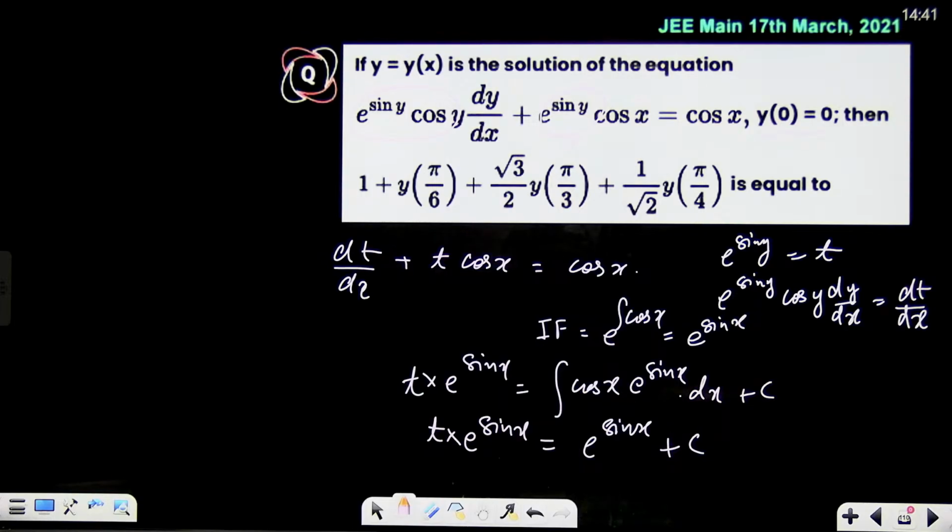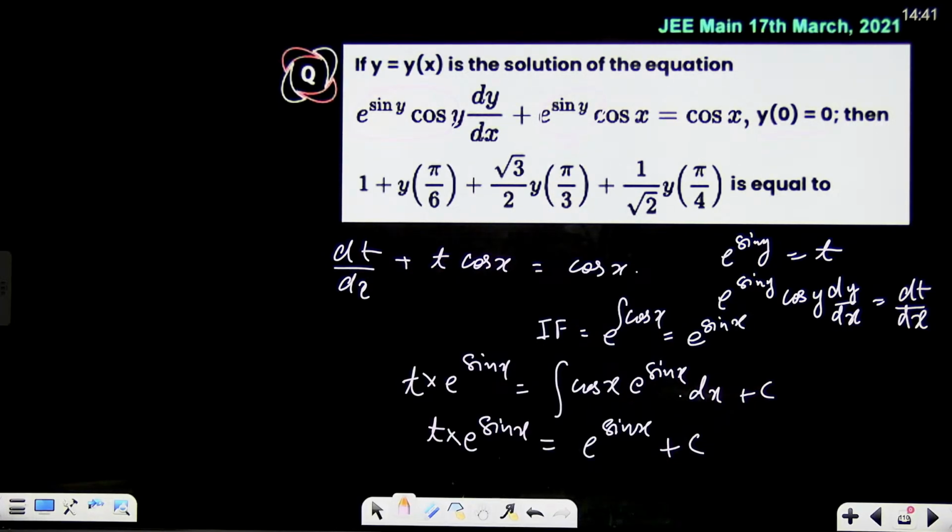Sin x plus sin y equal to sin x, it will become, at x equal to 0, y will be equal to 0, alright.